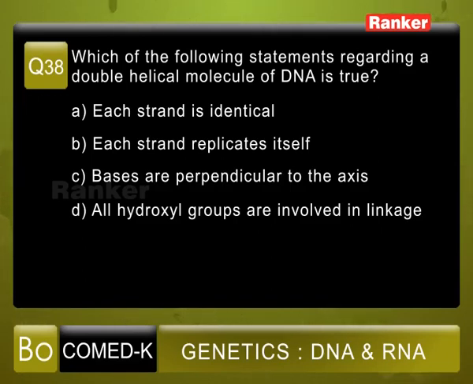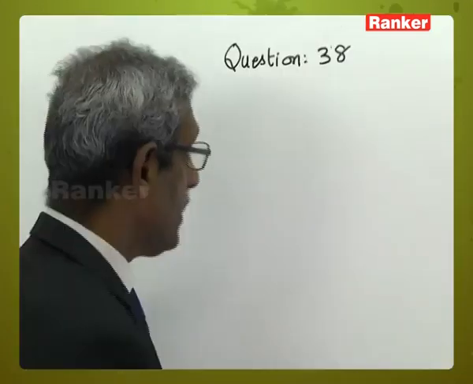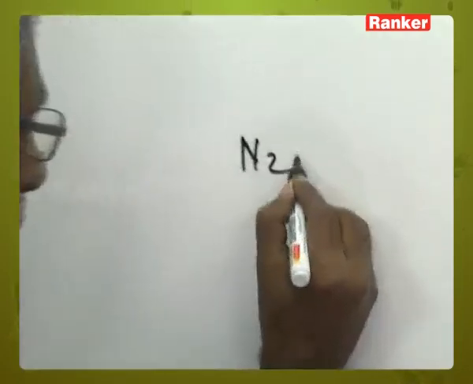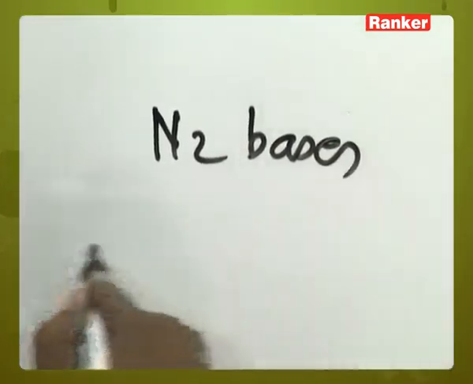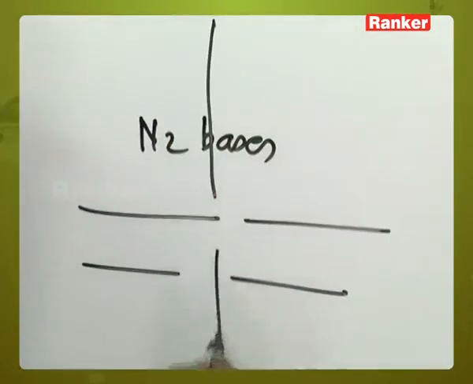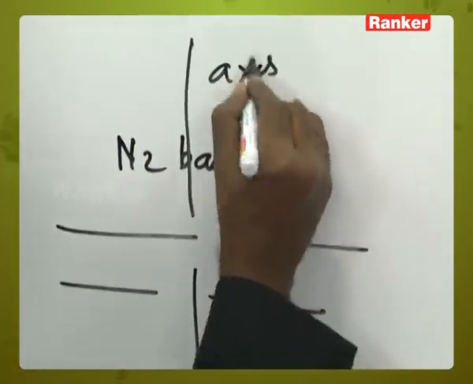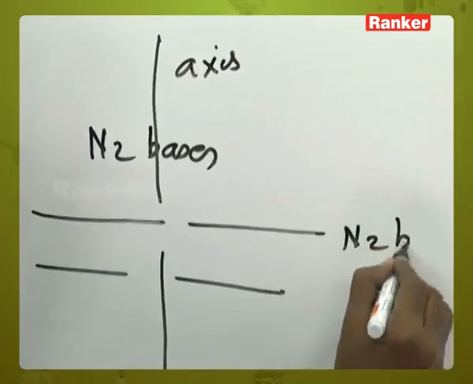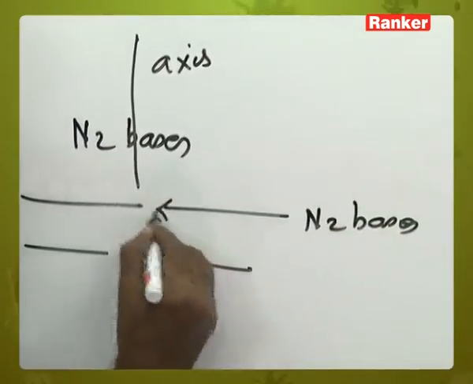Choice C says the nitrogen bases are perpendicular to the axis. If this is the axis, this is the way the nitrogen bases align themselves.